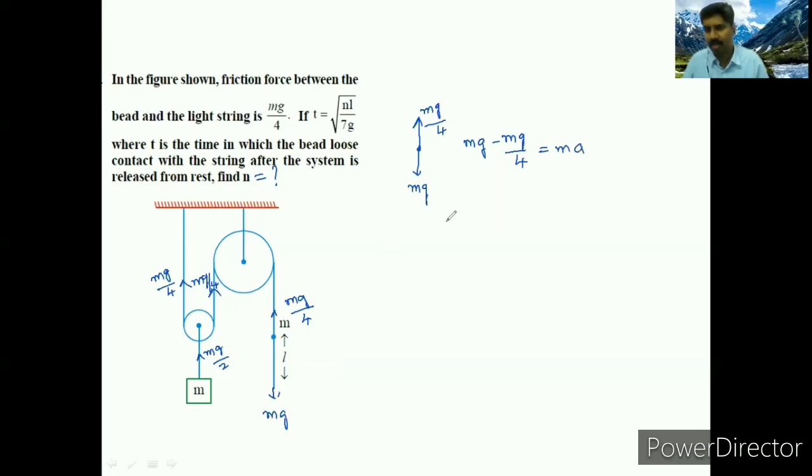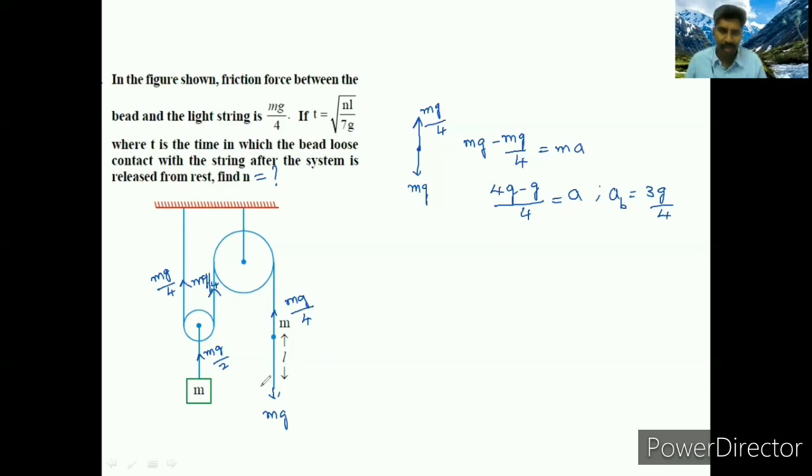M you can take common, so g minus g by 4 is equal to a. So here a is equal to 3g by 4. This is the acceleration of the bead, small b I will take.